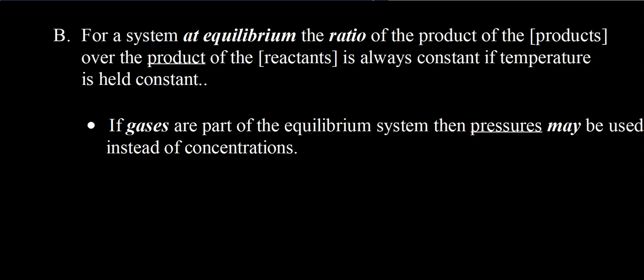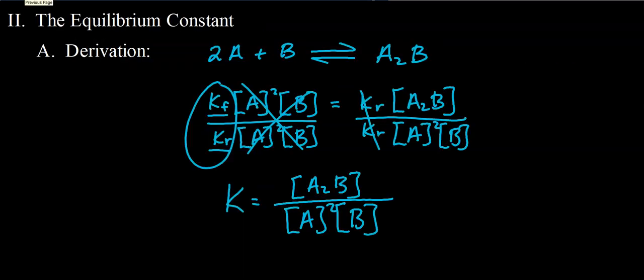So there are all kinds of different Ks. Generically, we write Keq as the symbol for the equilibrium constant. If we're dealing with concentrations of substances, like here, we can write it as Kc. If we're dealing with pressures, we can write Kp.